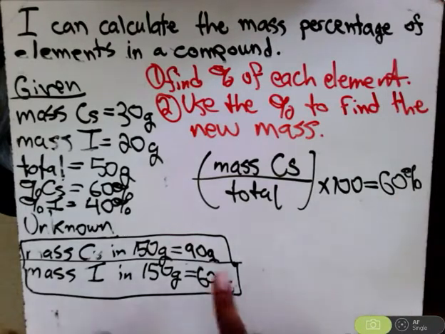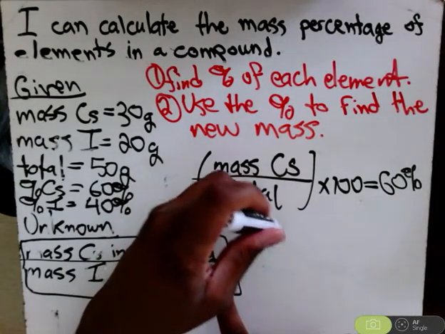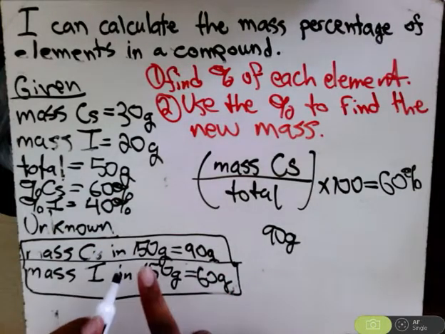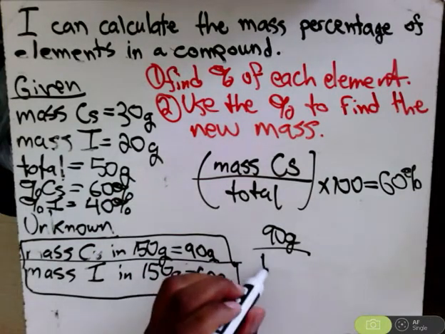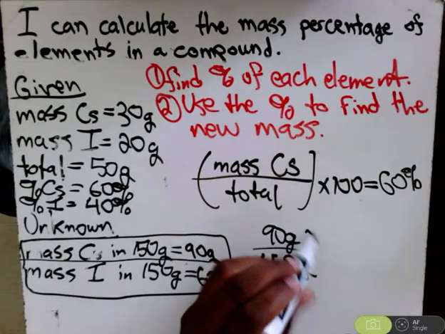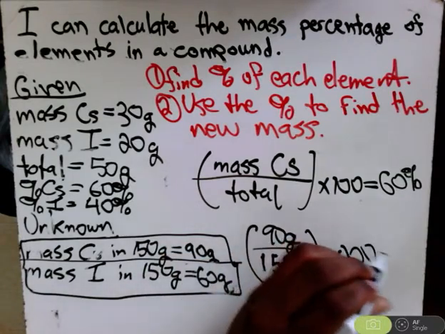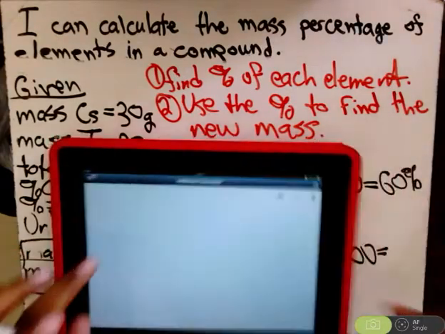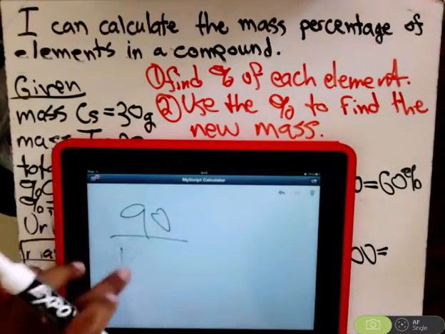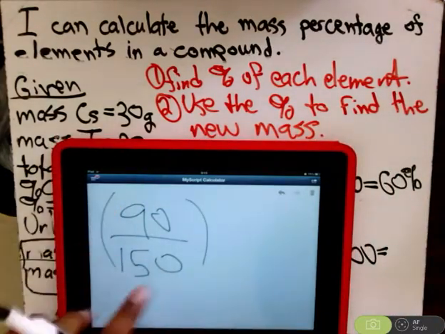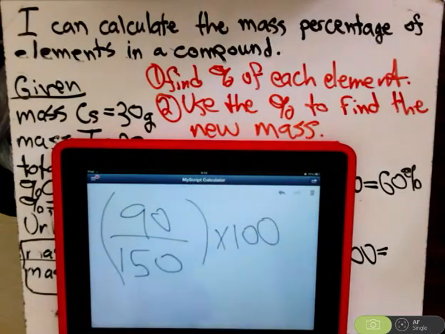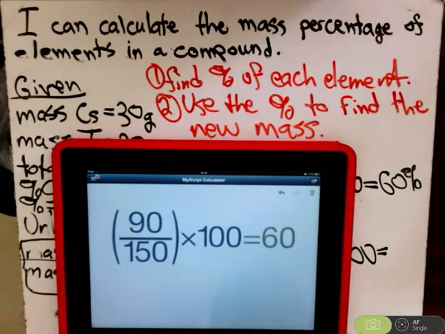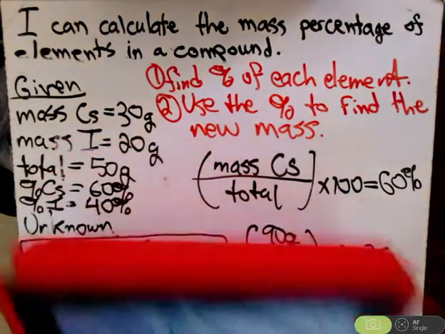But what if I did 90 divided by 150 times 100? I should get the same thing. And look, I still get 60%.